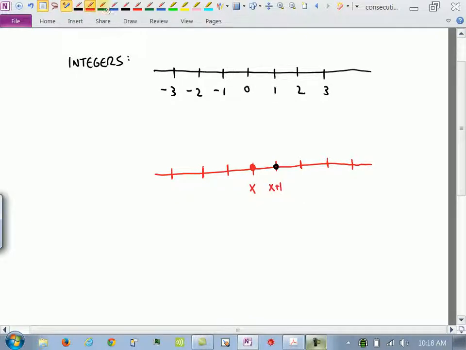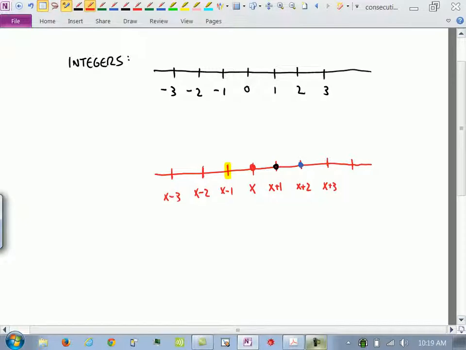What would the next one be? x plus 2, 1 more than that, right? What would the next one be? x plus 3, right? And so on and so forth. I could keep going, couldn't I? What would this yellow one be to the left of x? x minus 1 would be 1 less than x. x minus 2, x minus 3.